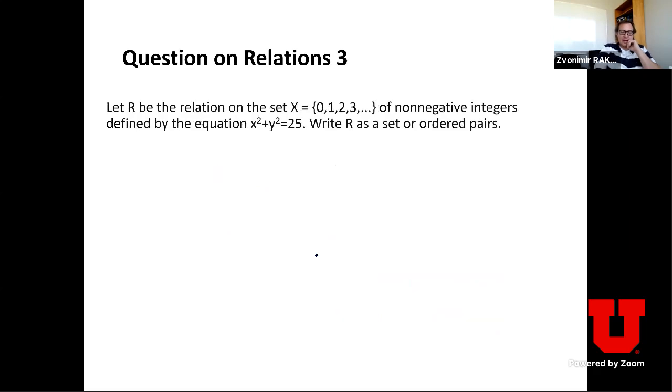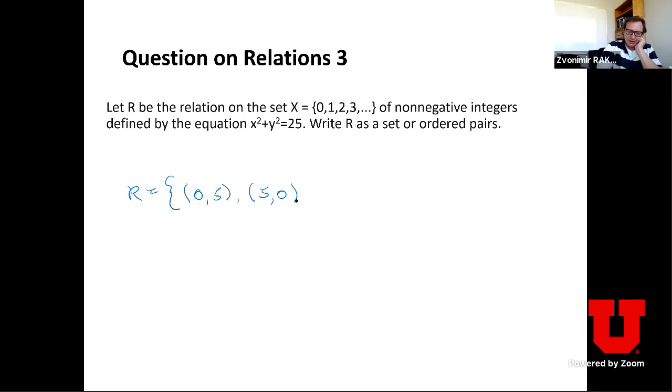Okay, so let me quickly solve this, and then we'll stop there. So we have R is equal to a set of pairs. So what do we have? (0, 5). Related to the previous question, the order matters. So (0, 5) and (5, 0), they both have to be listed.